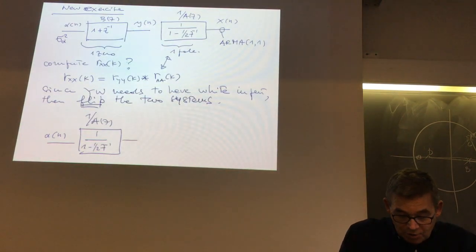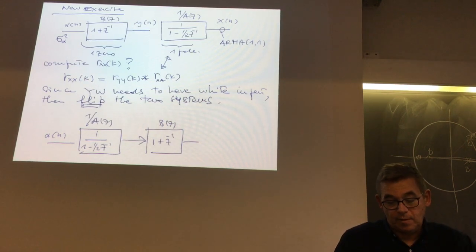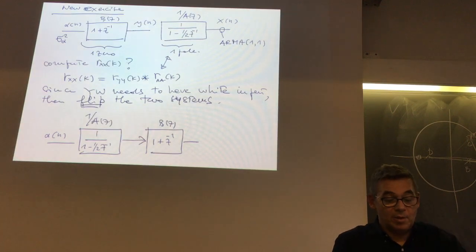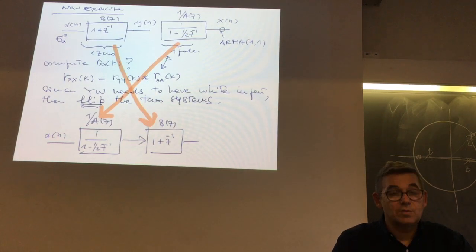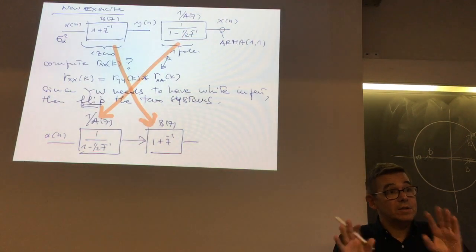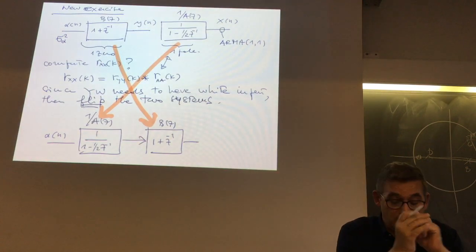And then it goes into a cascade of A 0, which is, in this simple case, 1 plus e to the minus 1. Now, xn is the same. So what I did, I just flipped the two systems. I just transposed pole and 0.